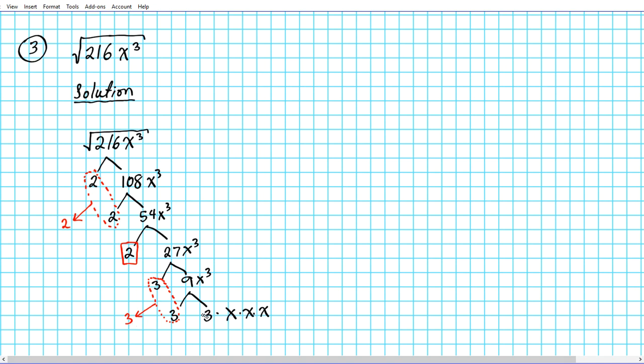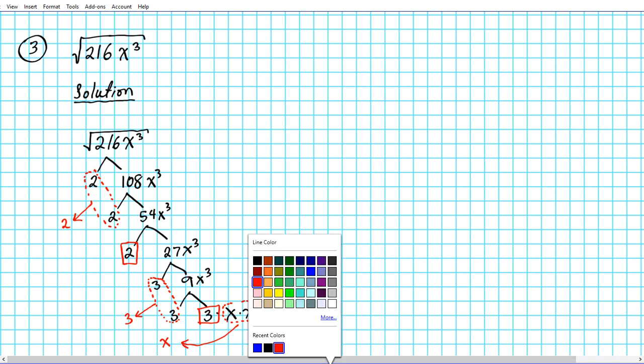This 3 is by itself, so it stays behind. Now look at the variables. Decompose x cubed, and x times x is a pair of identical factors, so these two break out also as x. And then this x is by itself, it has a power of 1, which is not 2, so that stays behind.